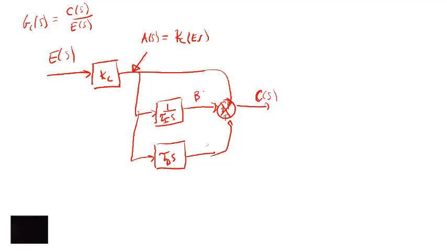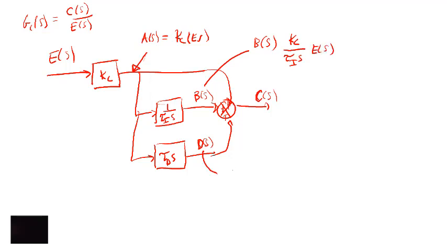We can treat this term right here as B, and this one we'll call D, because we already use C over here. This is the control output. So this term B, essentially we have this term A going through this transfer function, so B(s) is going to be Kc over tau I s times E(s).